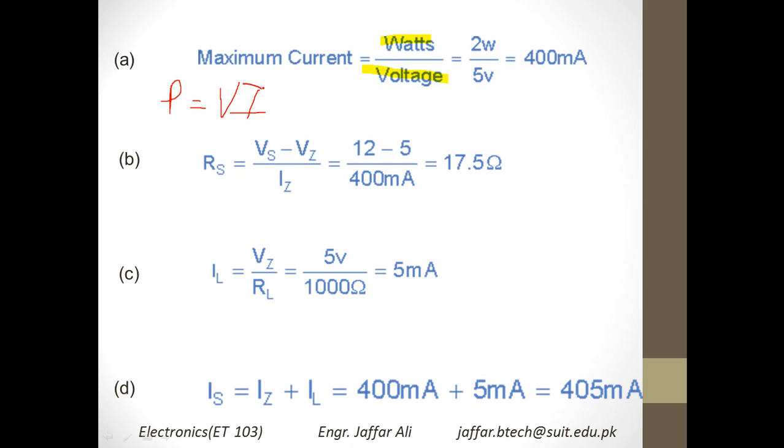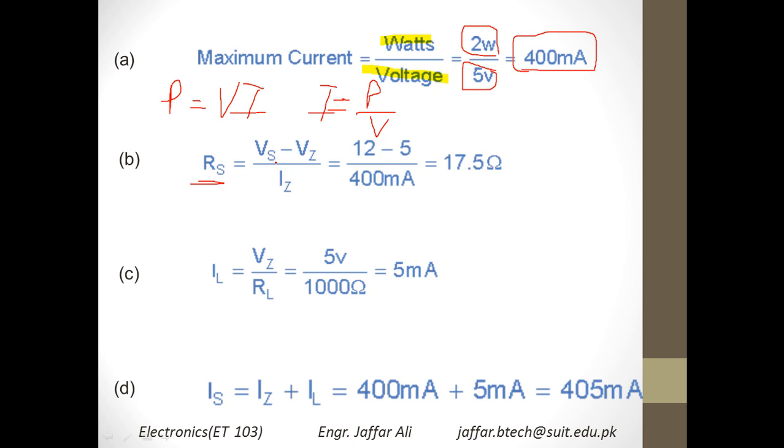So if you want to calculate the current, we divide the power by the voltage. The power is given that the Zener is of 2 watts, and we want the output to be at 5 volts. By dividing these two, we get the value of the maximum current in the Zener, that is 400 milliampere.